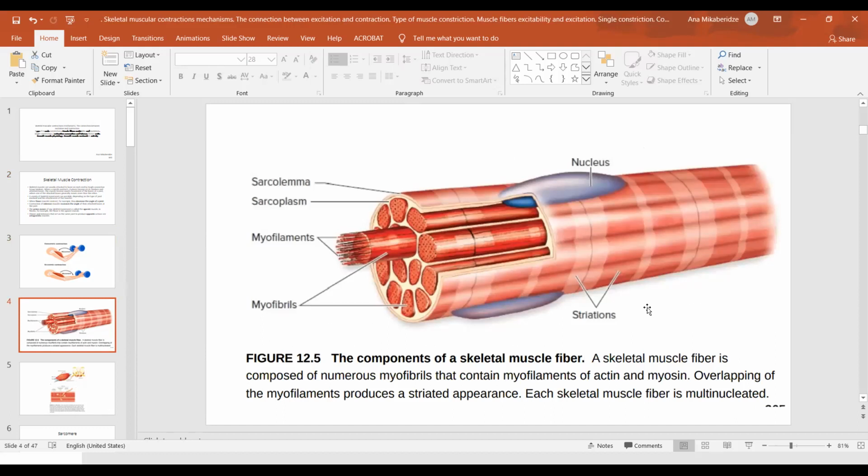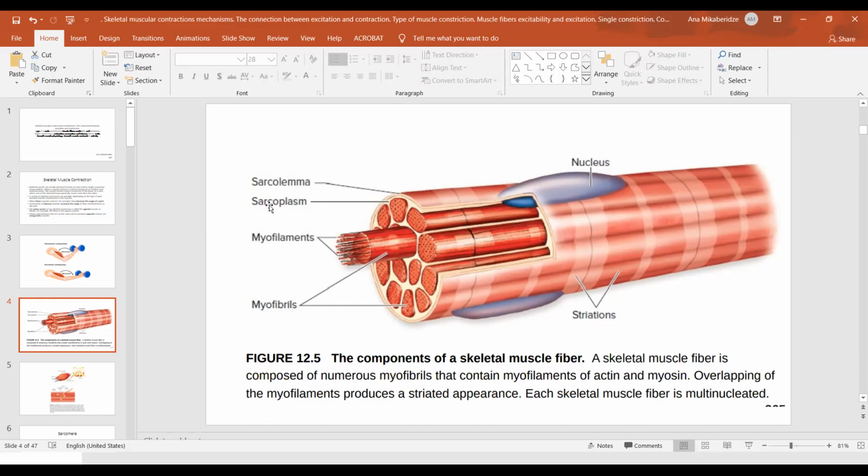Okay, let's take a look at the skeletal muscle fiber. The muscle fiber is composed of numerous myofibrils. These are the myofibrils, and the myofibrils are made up of myofilaments, which are represented by the actin and myosin.